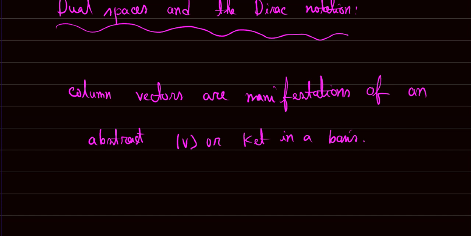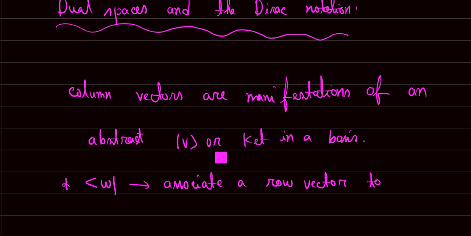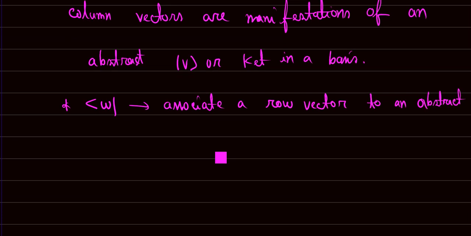For the new thing we do in the inner product, we will associate a row vector to an abstract object.